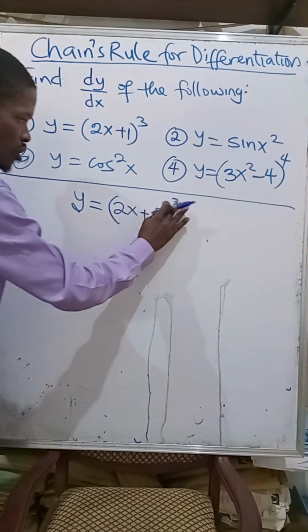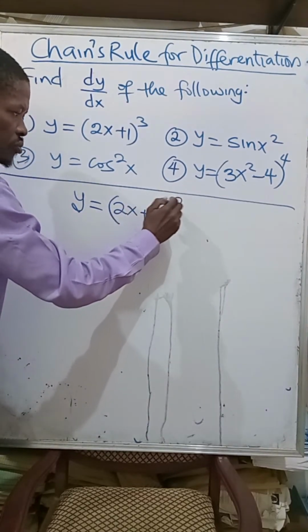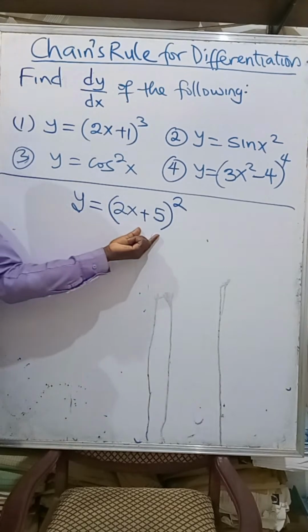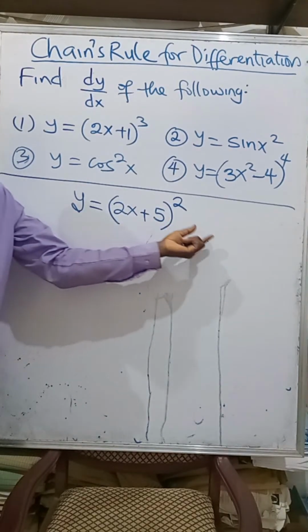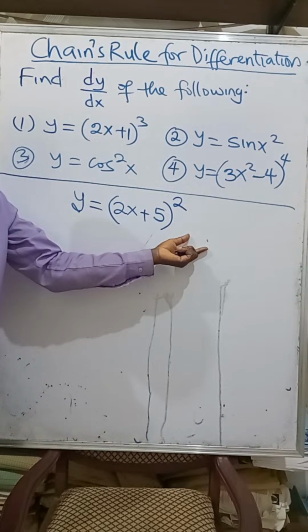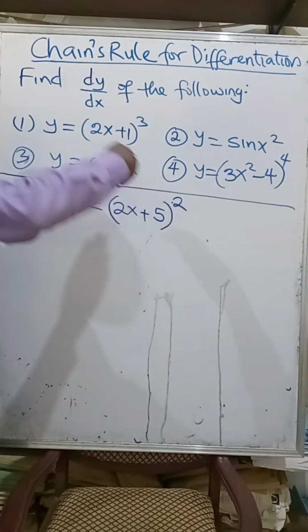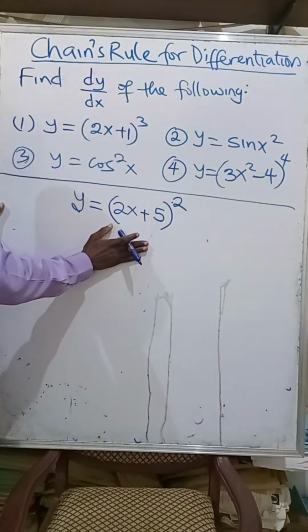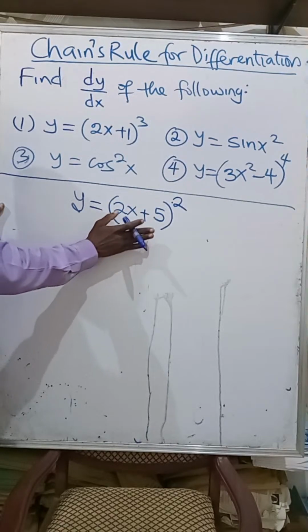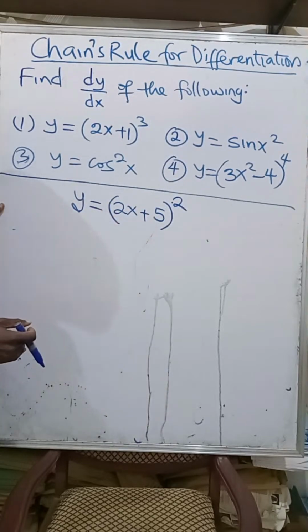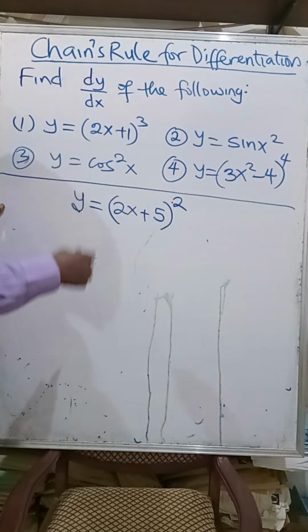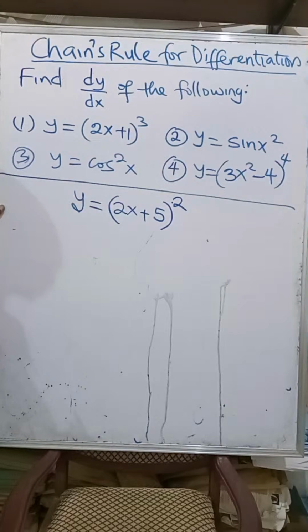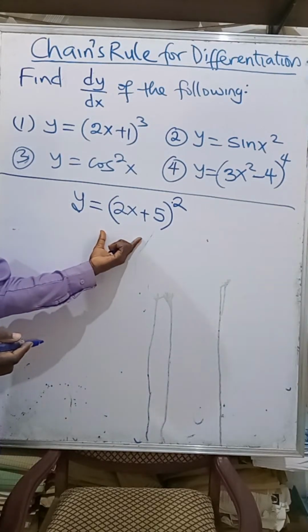If it's power 2, you can use product rule, but chain rule for power 2 will be faster. So when the power is from 2 upward, you can use a chain rule. That's one. So how do we use it?